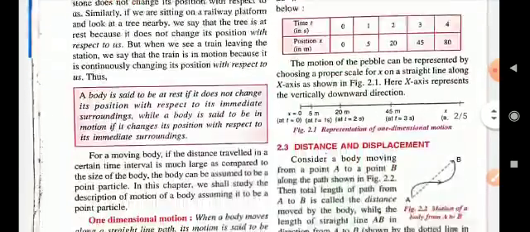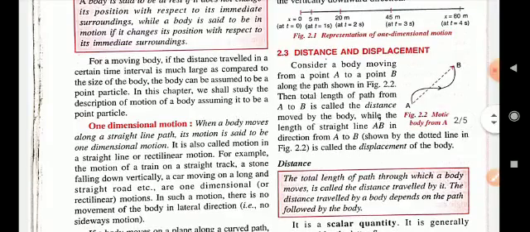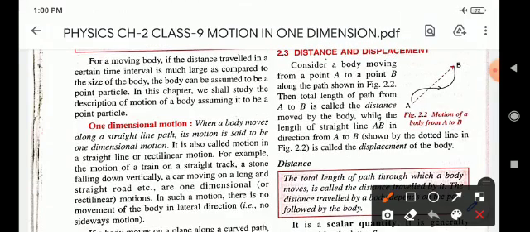Okay children, now let us discuss one dimension motion. When a body moves along a straight line path, its motion is said to be one dimension motion. For example, take the x-axis, y-axis and z-axis.